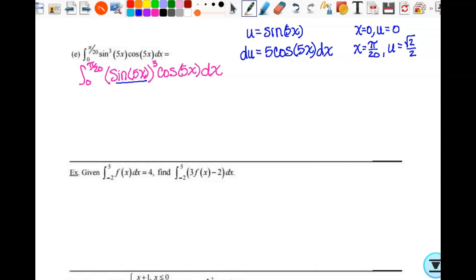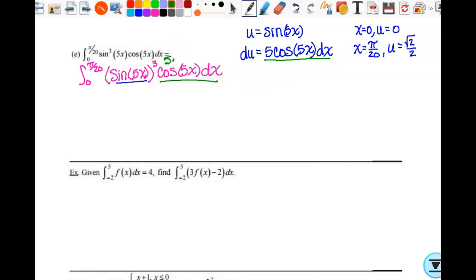All right, are we good so far? Everybody with me where everything came from? Yes. We sure? Okay. Because 5 times pi over 20 is pi fourths, and when we substitute it in, that's why we get square root of 2 over 2. Okay, so now we come over here, and I've got to add a 1/5. Yes, because I have 5 cosine of 5x, so I need a 5 in here.